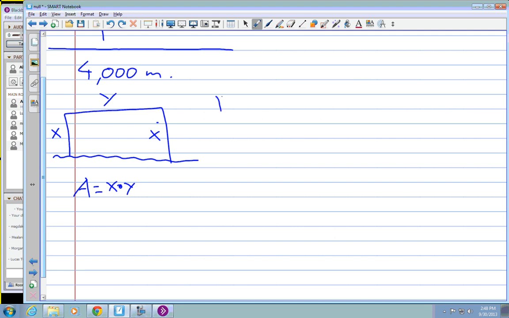So therefore, 2x plus y equals 4,000. That has to happen. Otherwise, you're not maximizing anything. So y equals 4,000 minus 2x, right?